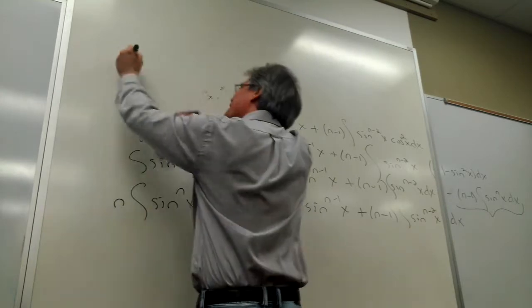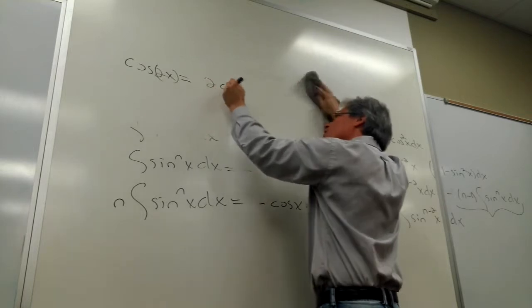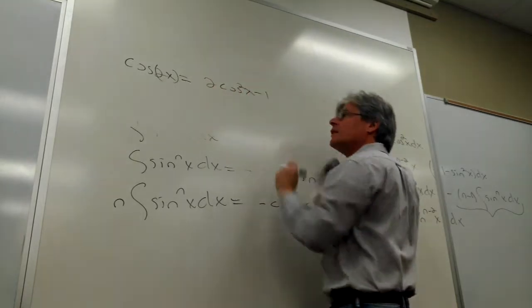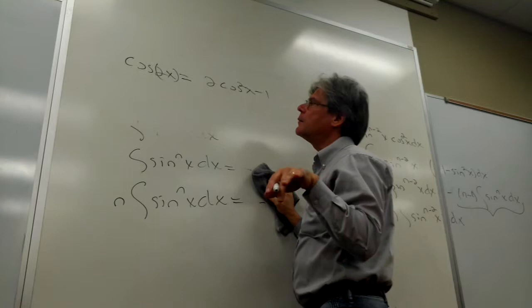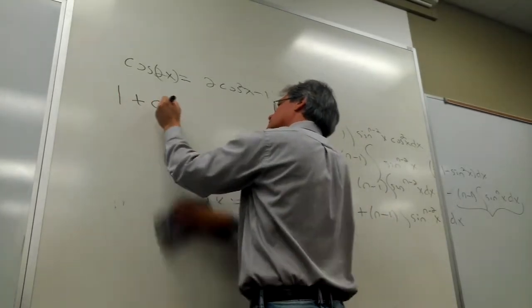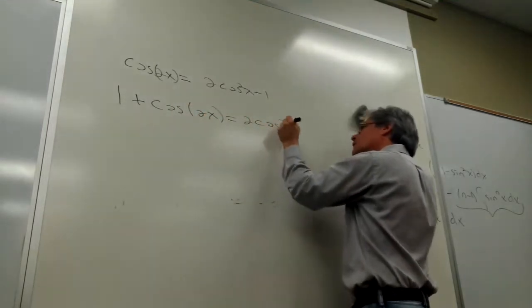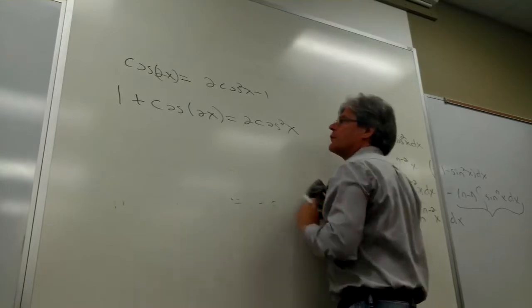I have the cosine of 2x being equal to 2 cosine squared of x minus 1. Allow me just to isolate cosine squared of x. I'll add one to both sides. I'll divide both sides by 2.